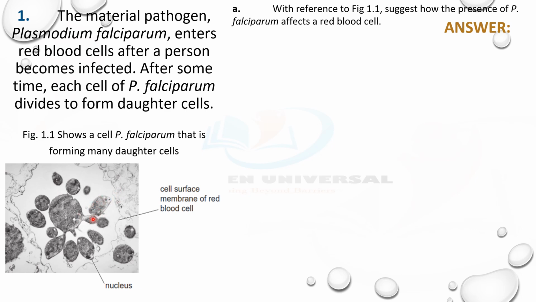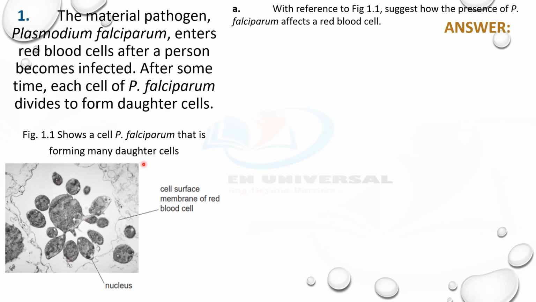So hemoglobin is released when it bursts. Now, don't forget that this parasite also feeds on hemoglobin, all right, and then reduces the amount of hemoglobin. But hemoglobin also can be released when this bursts, and when this happens, okay, less oxygen will be transported. Okay, so I've mentioned it.